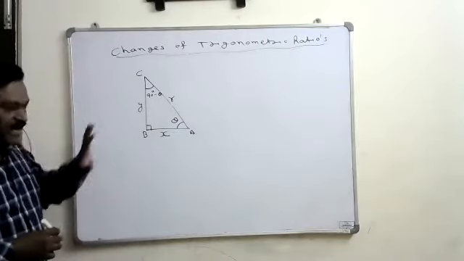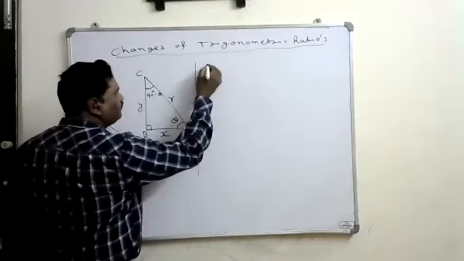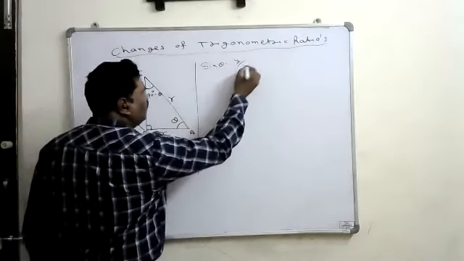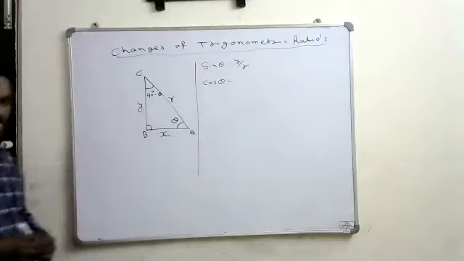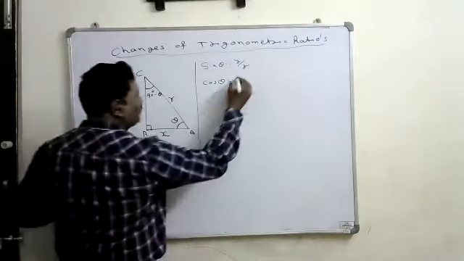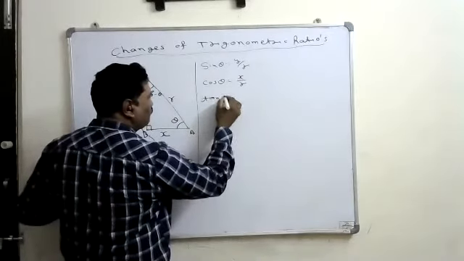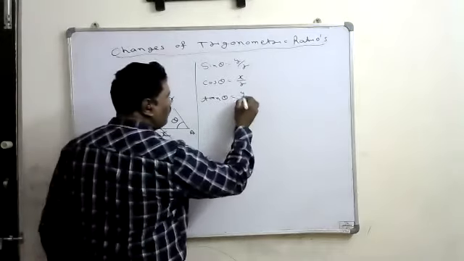Now, for this right angle triangle, tell me what is the value of sin theta? Y by r. What is the value of cos theta? X by r. What is the tan theta? Y by x.